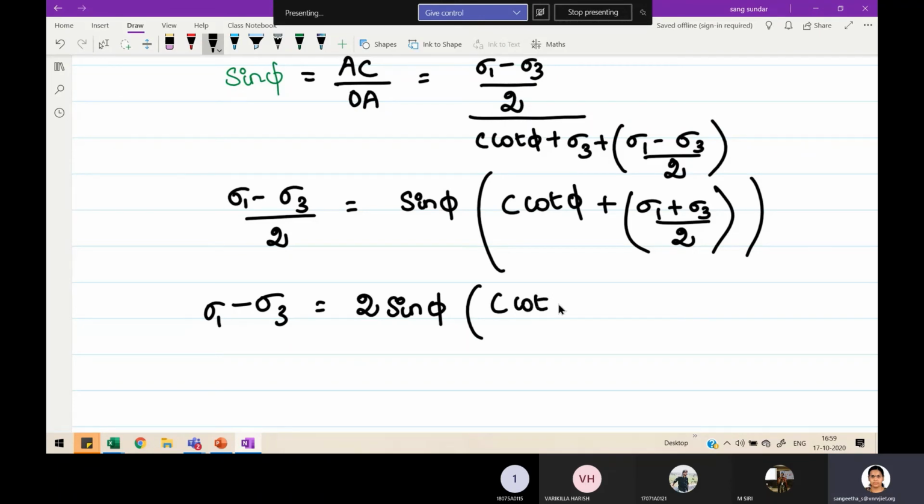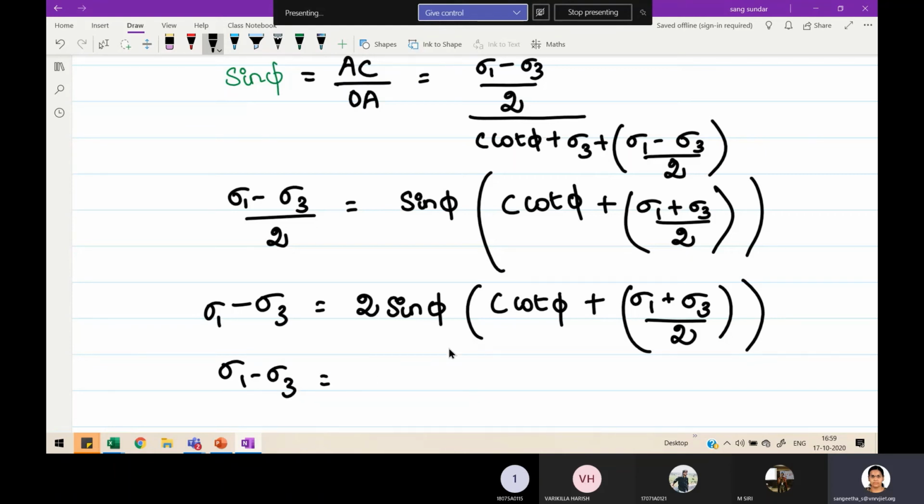So cot phi plus, and if I bring this 2 over here, sigma 1 plus sigma 3 divided by 2. Okay. So now sigma 1 minus sigma 3 is equal to, see this is 2.